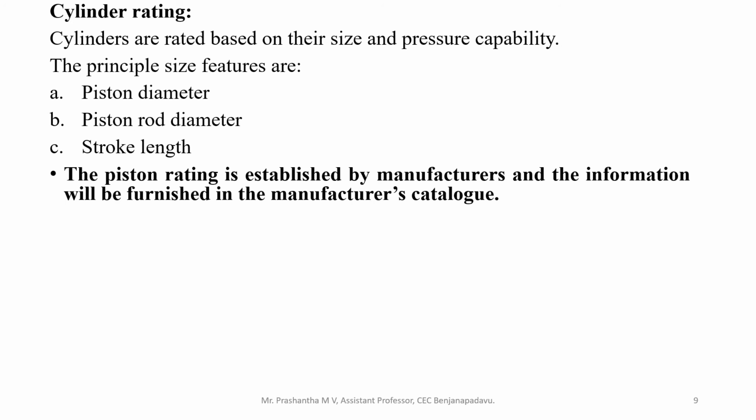The piston rating is established by manufacturers. In the manufacturer's catalog you can see the cylinder rating or cylinder configurations: piston diameter, piston rod diameter, stroke length, pressure capability. All this information will be furnished in the manufacturer's catalog.